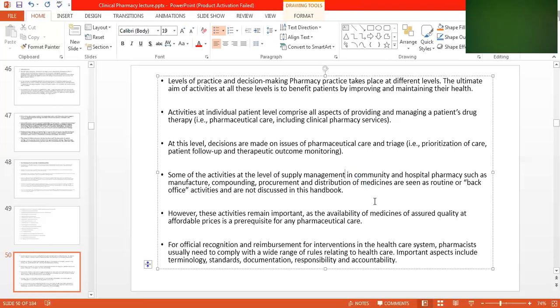Means the supply of the drug is not only the finished goods which are available in your pharmacy, but you also prepare some drugs, the bulk we call it, and how this bulk can be provided to the community surrounding your hospital. In hospital pharmacy, manufacture, compounding, procurement, and distribution of the medicines are seen as routine or back office activities and are not discussed.